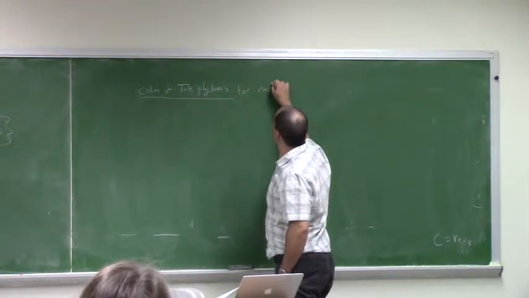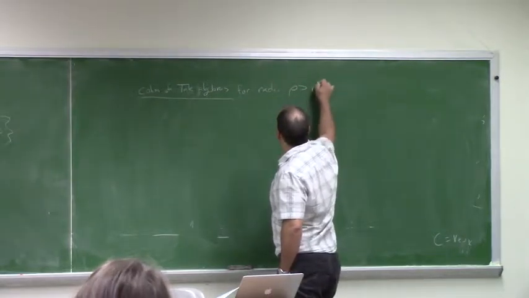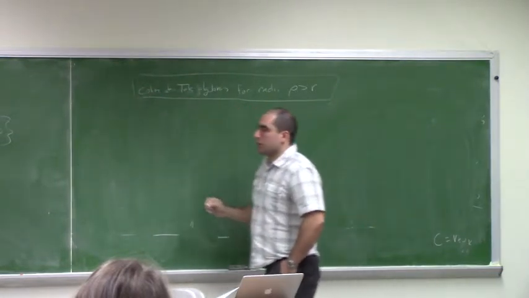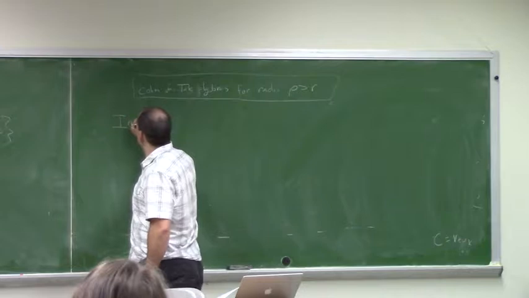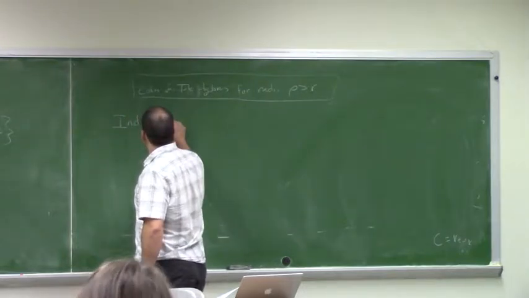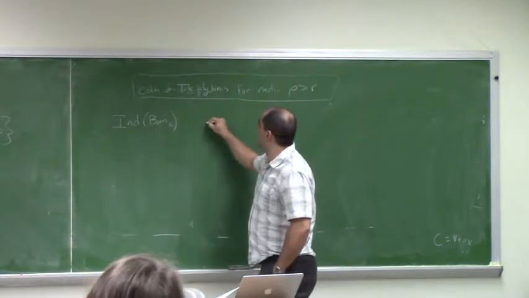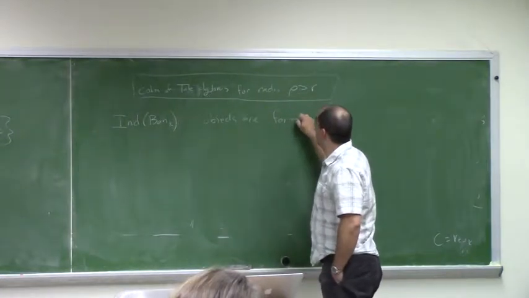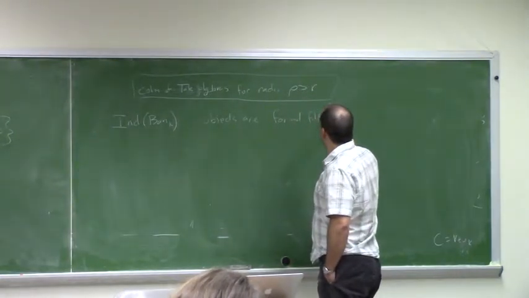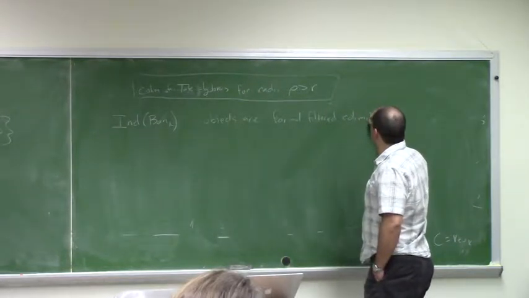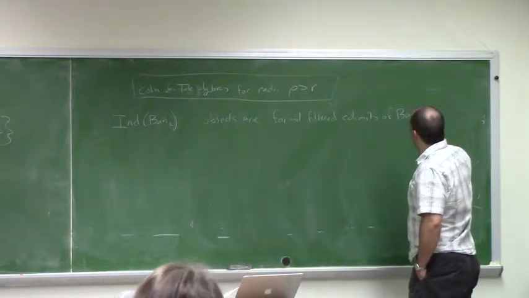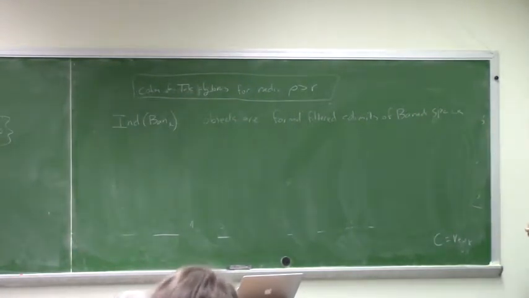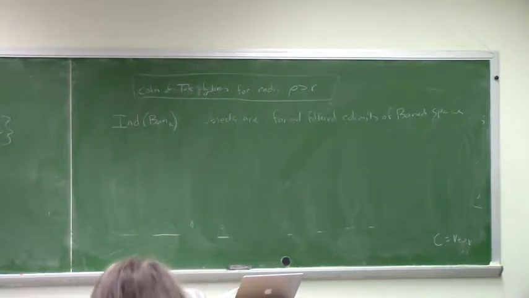For radii, say rho is bigger than r, I'd like to look at some kind of thing like this. And so what we do is we look at this category in Banach spaces. So the objects are... this category has all the same properties.